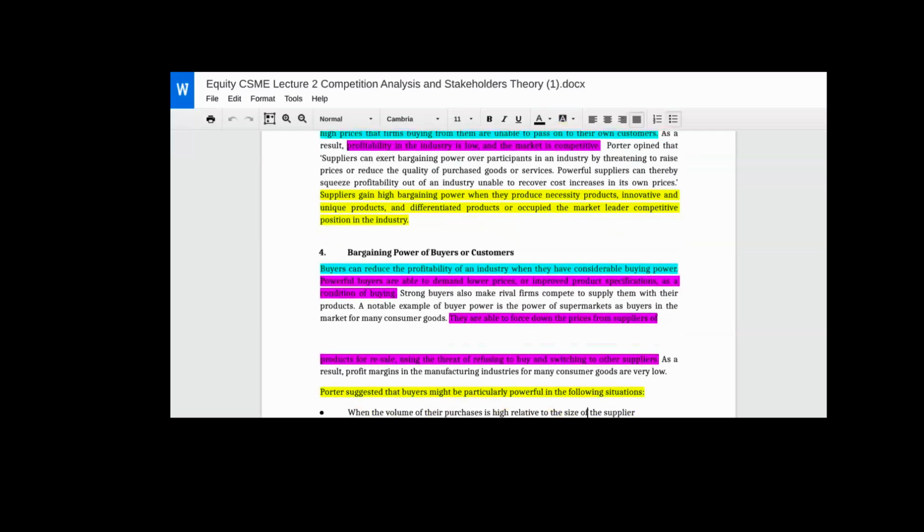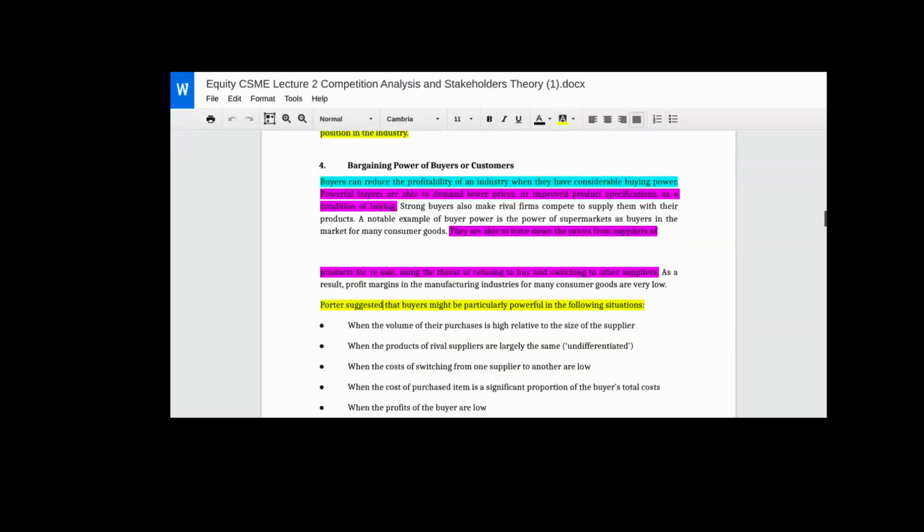And when you look at the bullet points underneath, they indicate the various conditions under which the buyers, customers, can have high bargaining power. The first of it is the volume of their purchase. We have some customers that order 10 trailers of Dangote cement, some order 10 trailers of Nestle Foods products.